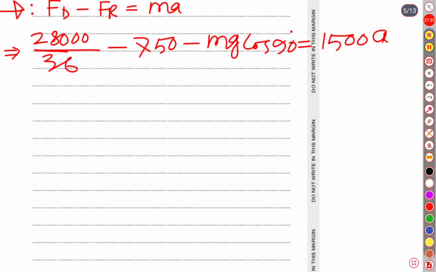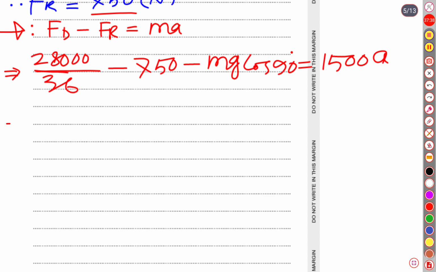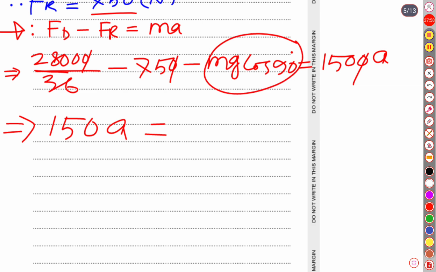If we calculate this, we are going to find 1500 A is equal to, everywhere there is a zero, so this zero can be dissolved from everywhere. So 150 A is equal to 2800 over 36 minus 75.